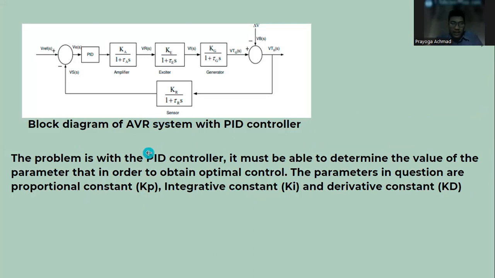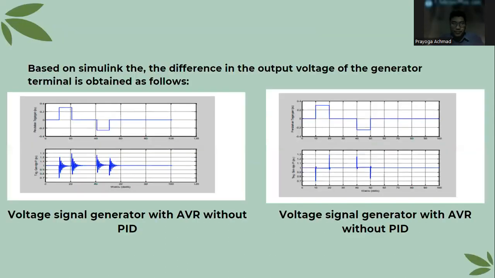The problem in this block diagram is the PID controller. It must be able to determine the values of the parameters in order to obtain optimal control. The parameters in question are the proportional constant Kp, the integral constant Ki, and the derivative constant Kd.